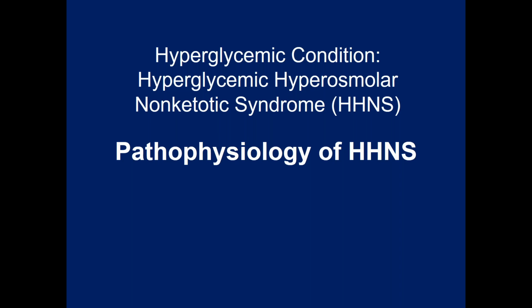I cannot say that word without reading it slow to save my blessed life. Hyperglycemic, hyperosmolar, non-ketotic syndrome is nearly identical to diabetic ketoacidosis, except they don't produce those ketones. They don't produce that fruity, acidic smell.